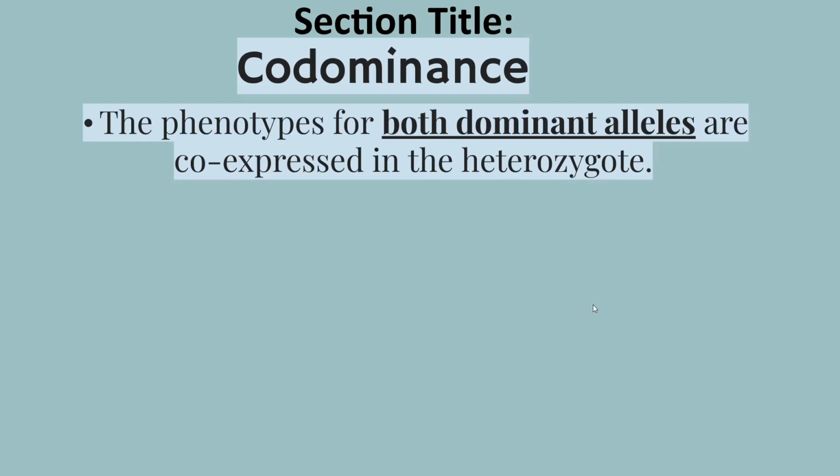The phenotypes for both dominant alleles are co-expressed in the heterozygote. What that means is that both dominant alleles' traits appear in the heterozygote. Go ahead and get that written down.